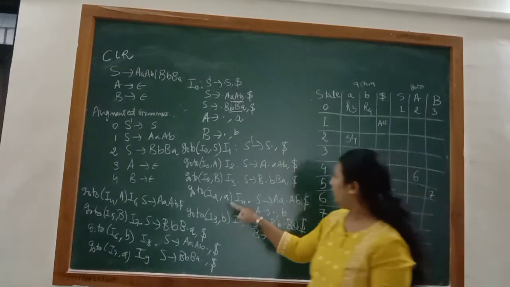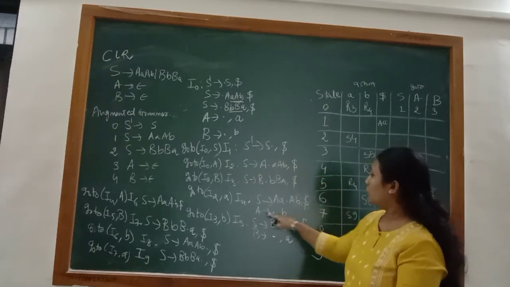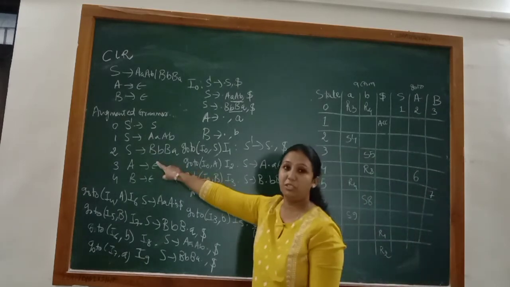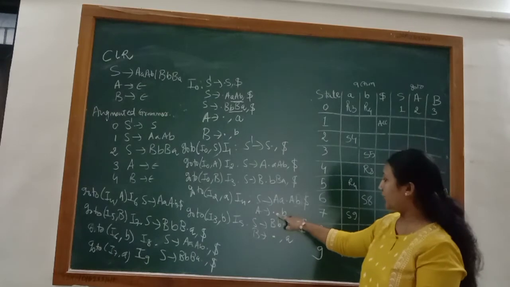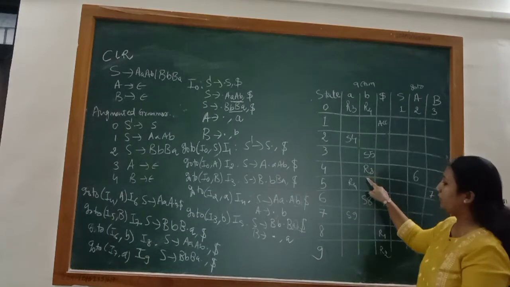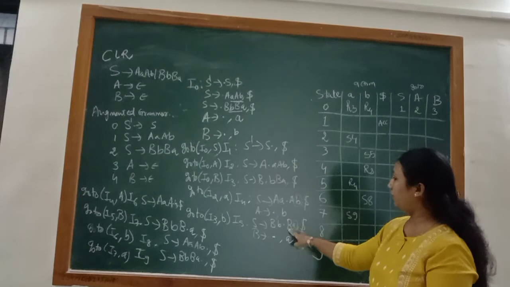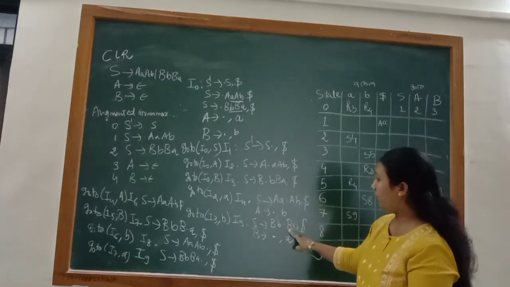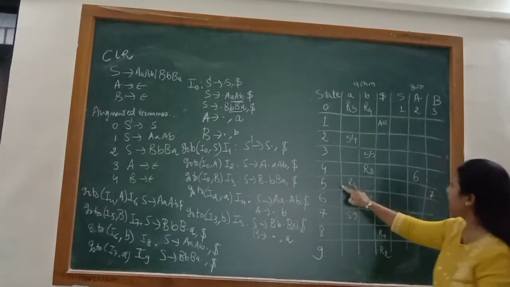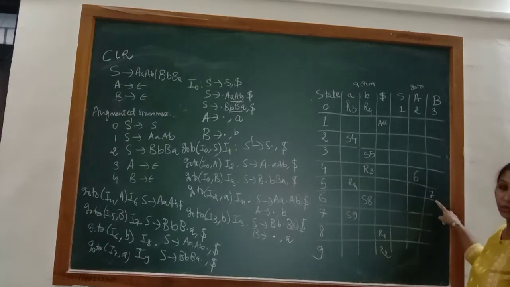Now in production 2 we have done, and 3 we have done in I4. In I4 one more production is completed, that is A2 dot, which is production number 3. This reduce entry we make in state 4 in the look ahead B, so we have done R3 here. Same way, in state 5 when we get capital B, we move to the 7th state.